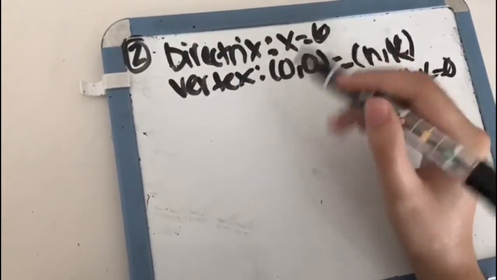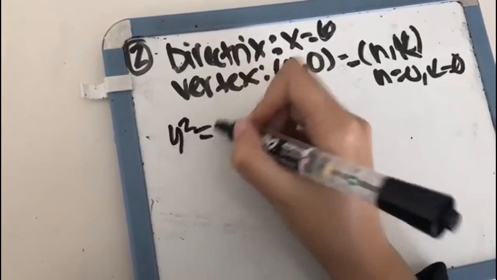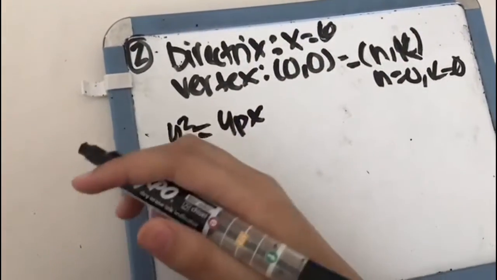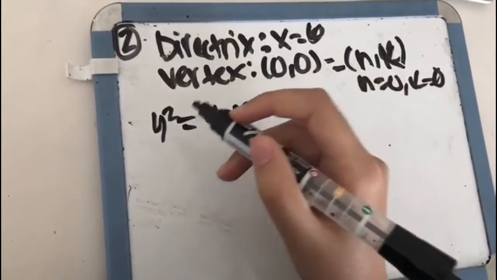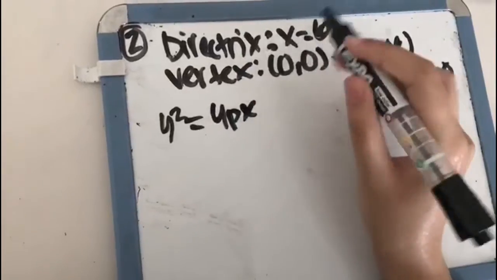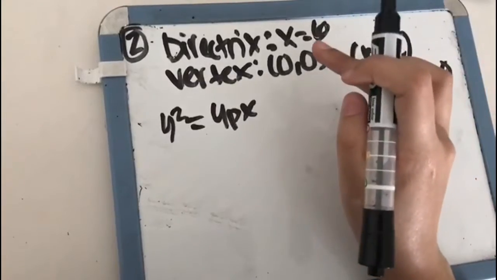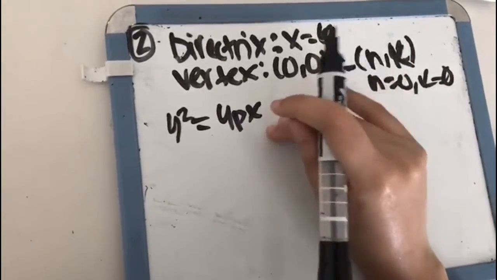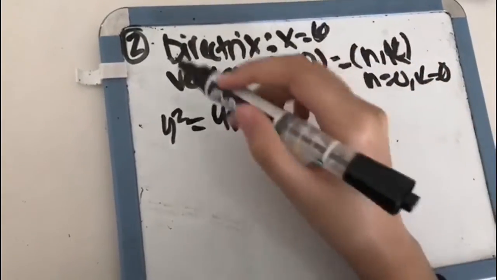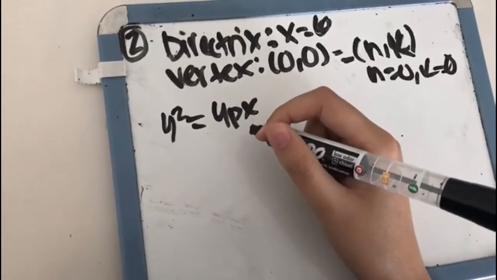So we have to use the formula y squared equals 4px. Remember in the first question we found the vertical axis. This is the opposite, and this time it involves the directrix instead of the focus. So let's try solving it.